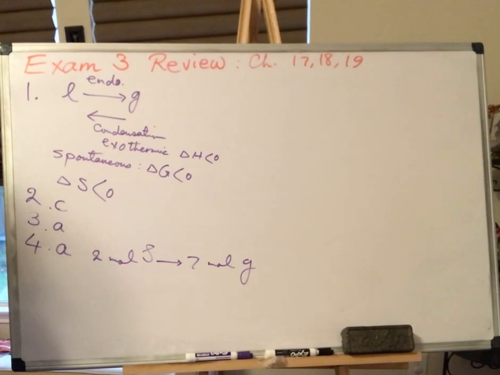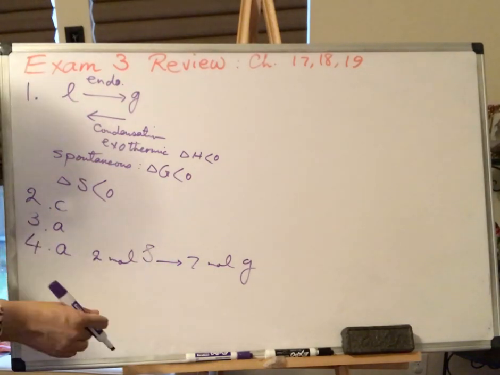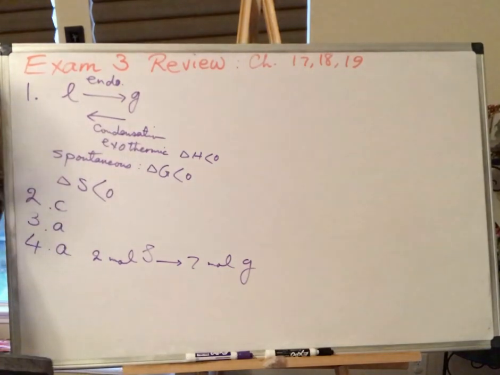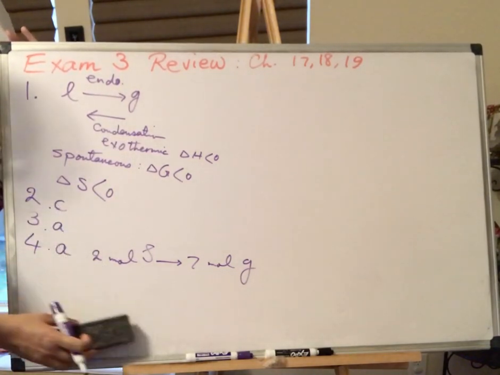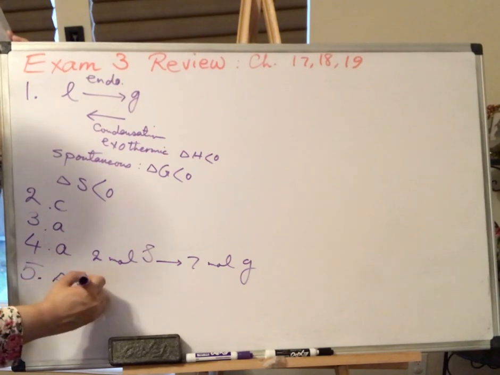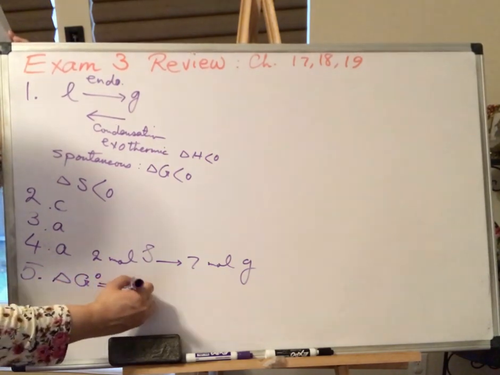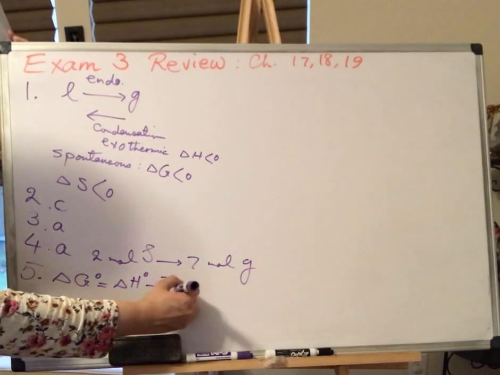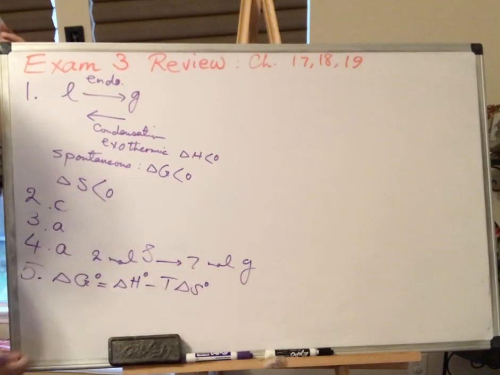Question number 5. What is delta S standard at 298 Kelvin for the following reaction? Delta H and delta G are given, so it's a sign that you need to use delta G standard equals delta H standard minus T delta S standard.